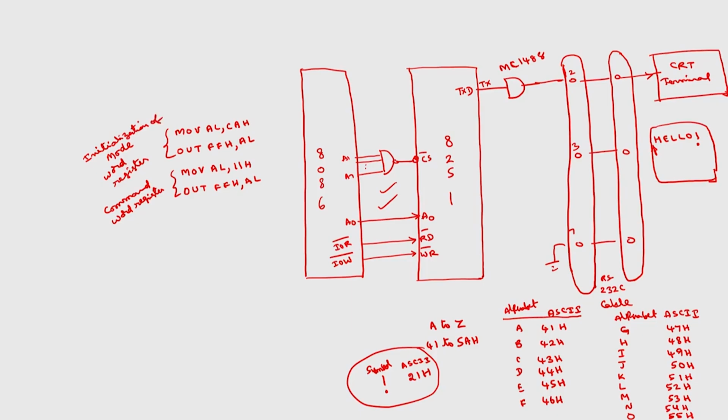And here we will assume that there are some locations. This is the starting of the data segment, say 50000H, and somewhere here we have 57000H.